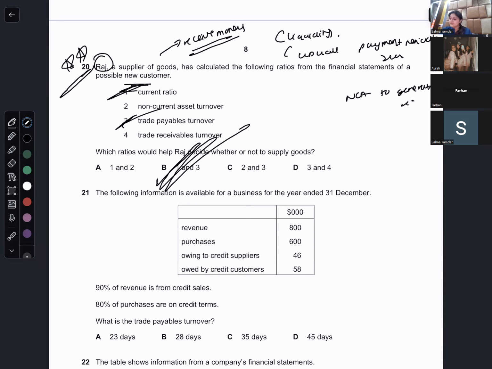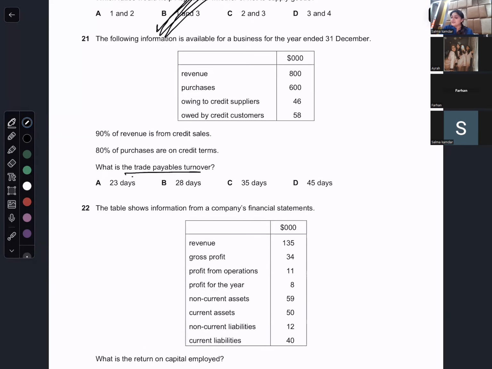Give me the formula to calculate the trade payable turnover ratio. Trade payables divided by credit purchases into 365. What is trade payables?